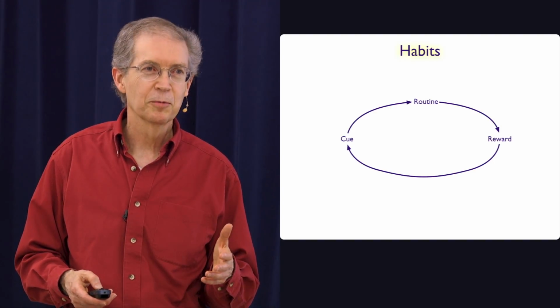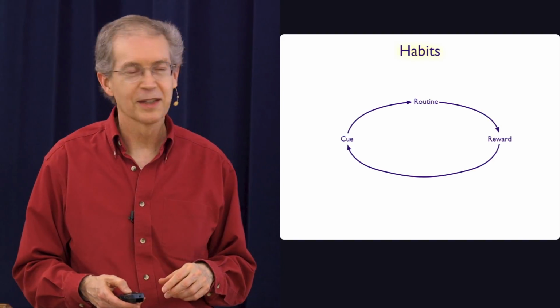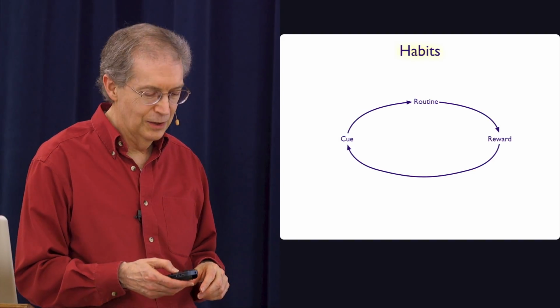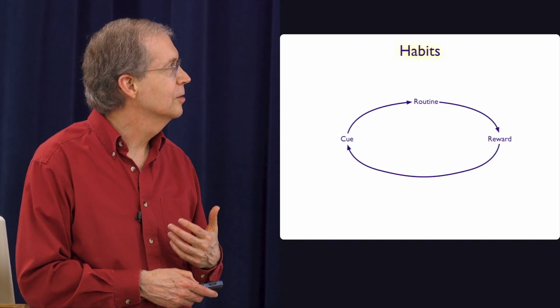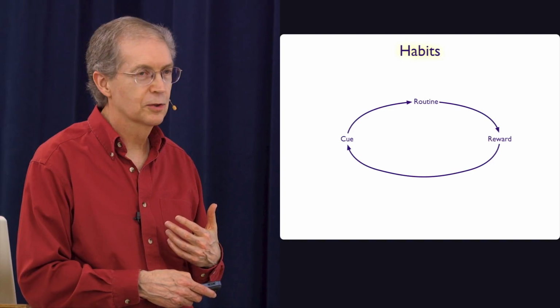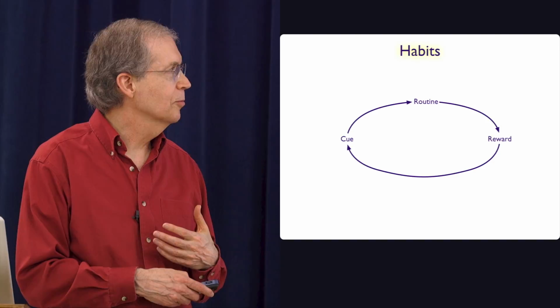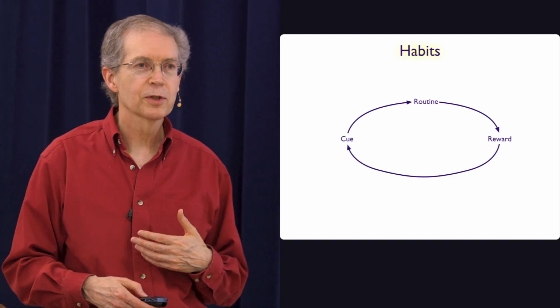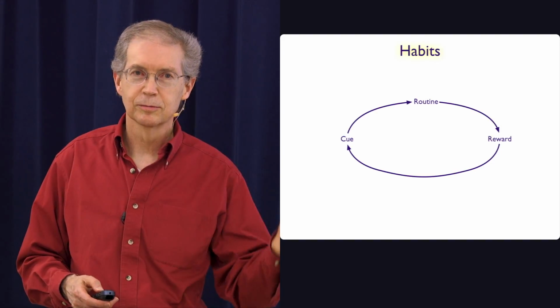You didn't feel hungry before you walked into the kitchen, but something about walking into the kitchen makes you think that. And then there's some routine that you do based on that cue. And if it's a habit, there's bound to be something that you experience as a reward for having done the habit. And then it comes back around and reinforces by association that cue. And so that builds the groove.